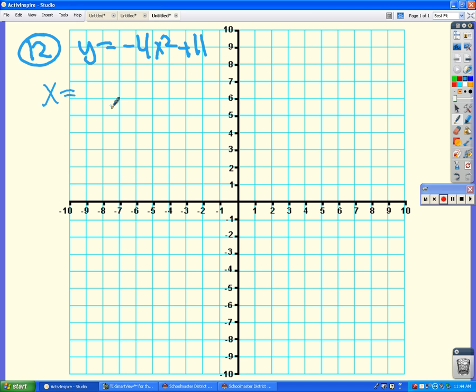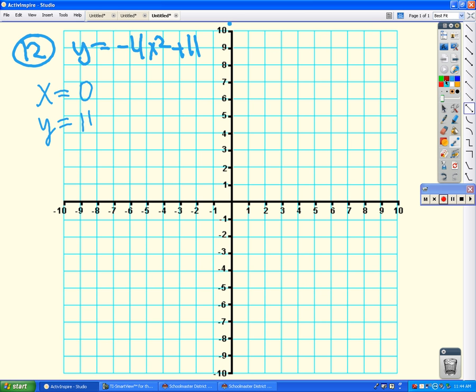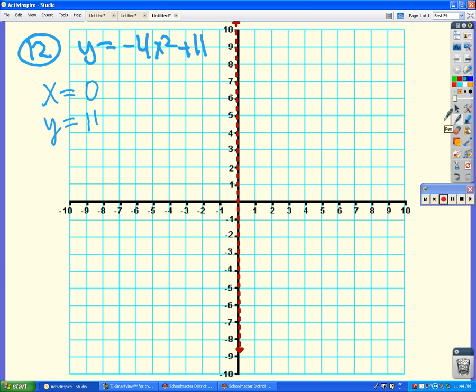And if you plug that back in to figure out the y coordinate, what do you get? 11. Okay, so this is one of those weird ones where the vertex is actually on the y-axis. So when I draw in this dotted line, which is called the what? Axis of symmetry, then that just goes right along the y-axis.